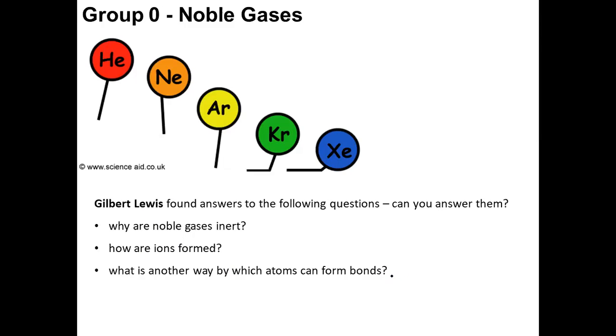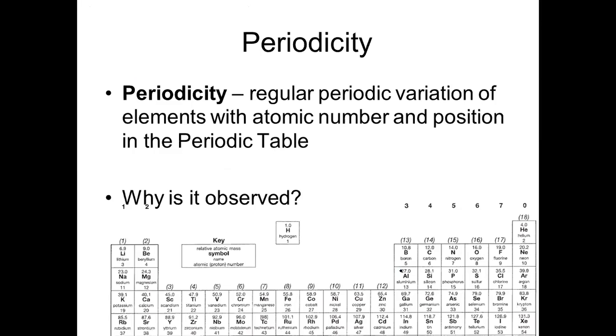So they don't need to share, they don't need to gain, they don't need to lose, they're happy as they are. We will find out later in year 13 that there are some exceptions for some of the bigger noble gases, but these are very rare reactions and not that easy to perform anyway. So in general, noble gases are inert.